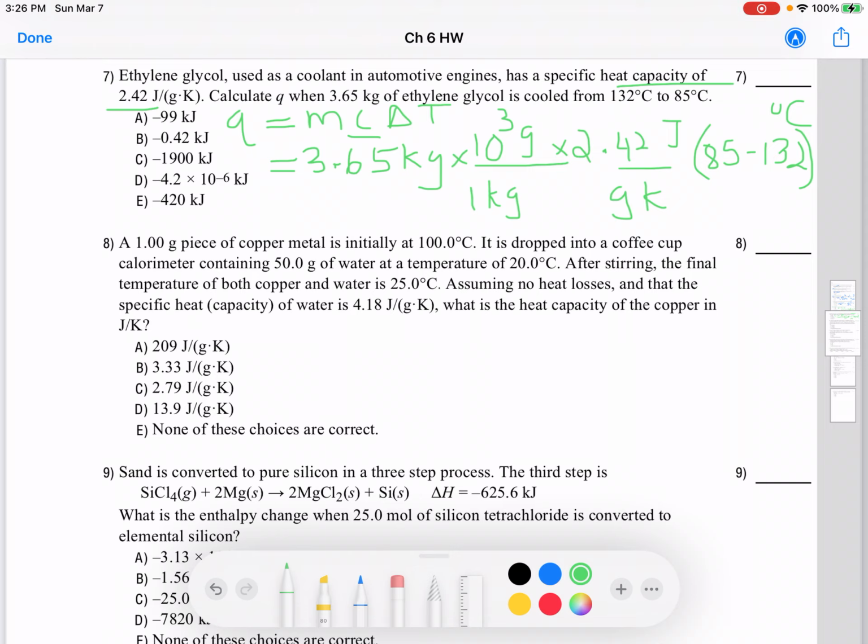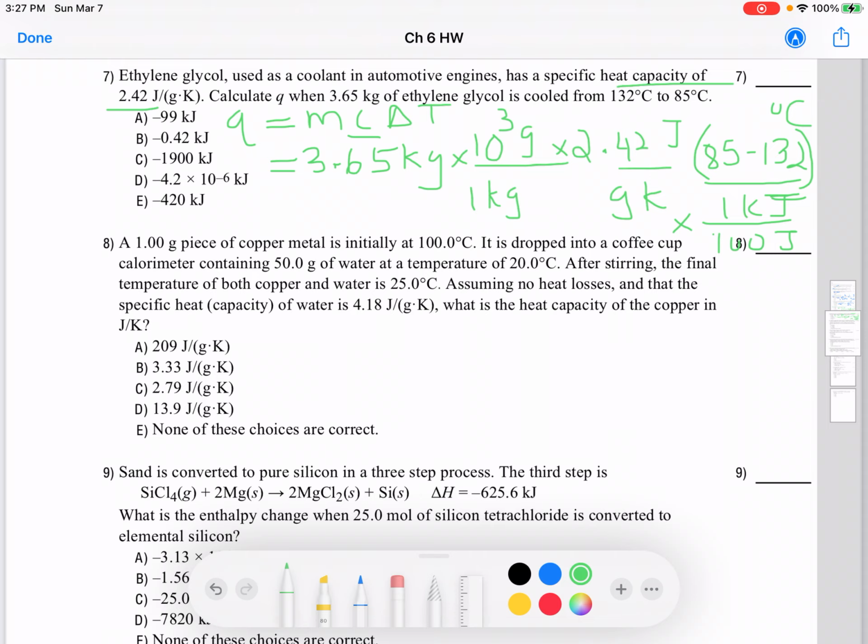Okay, this is just a subtraction. 85 Celsius minus 132 Celsius is the same as when you convert 85 and 132 to Kelvin and do the subtraction. Okay, and then at the very end you will need to convert it to kilojoules. For what you get from the previous one, you're going to be doing your conversion. So 1000 joules equals 1 kilojoule. Okay, that's how you would do your conversion.